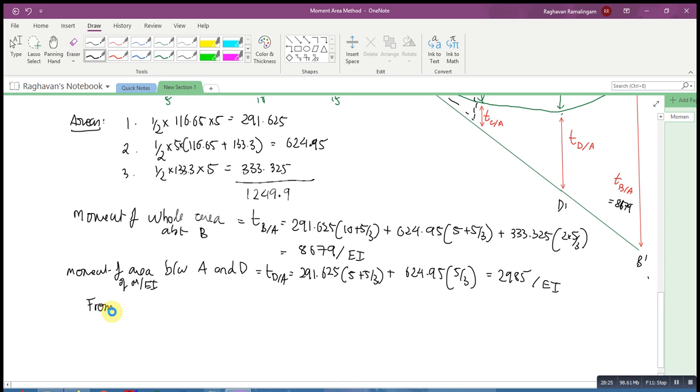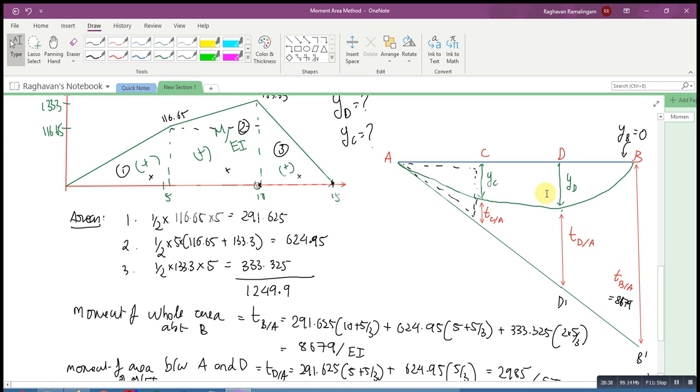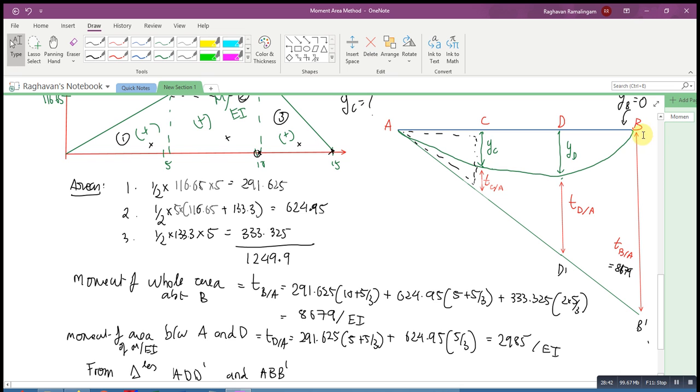From triangles A, DD dash and A, BB dash, this divided by this distance equals this divided by the whole distance. So this is TBA, this is TDA plus YD.